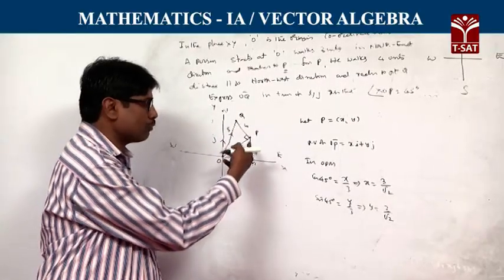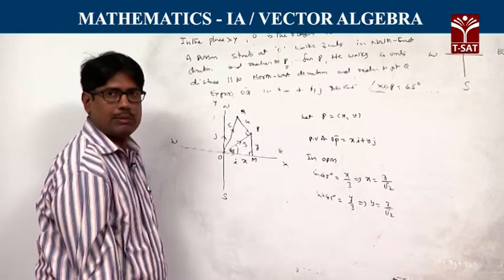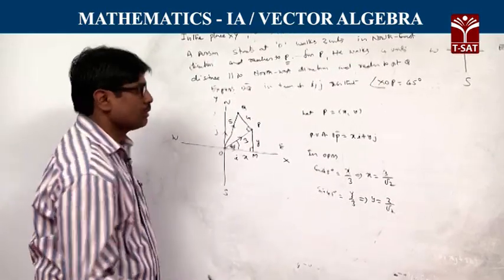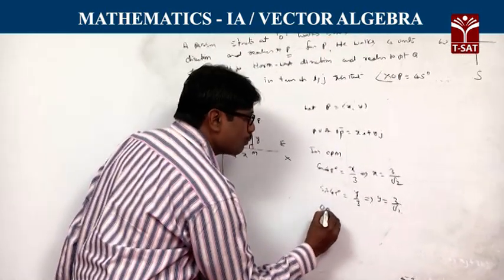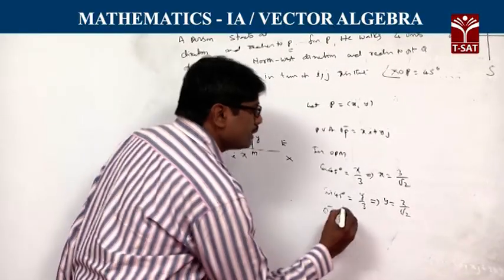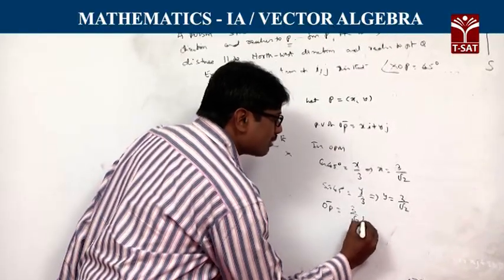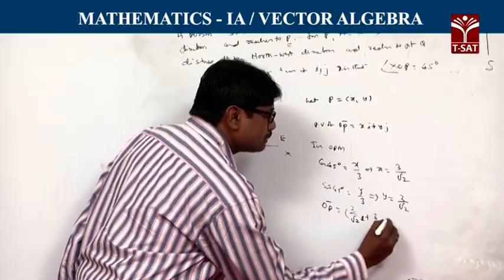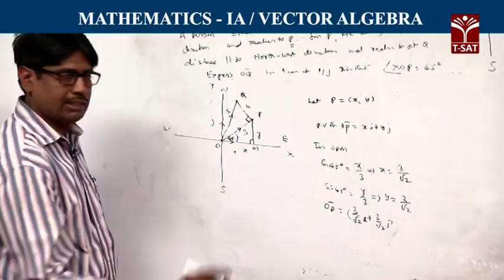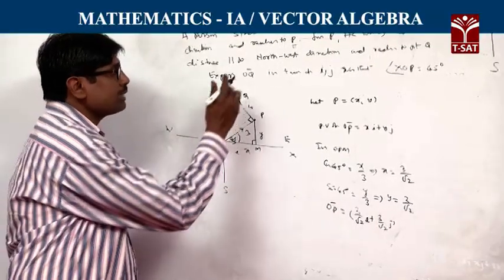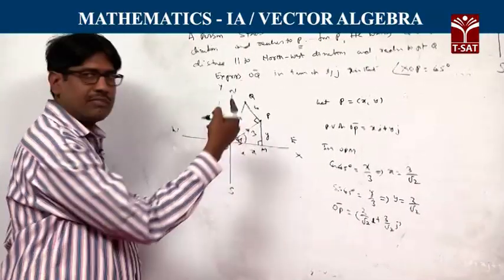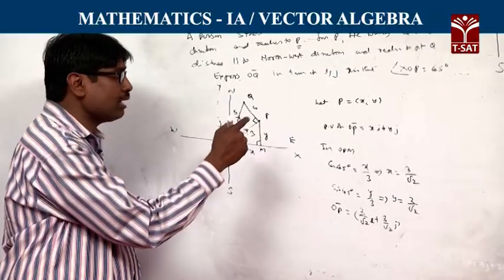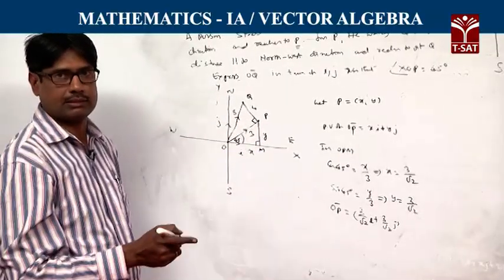Therefore, the position vector OP bar is equal to 3 by root 2 times i bar plus 3 by root 2 times j bar. Now we have to express OQ bar in terms of i and j, the unit vectors of the x axis and y axis.